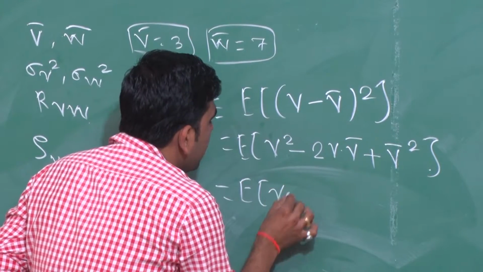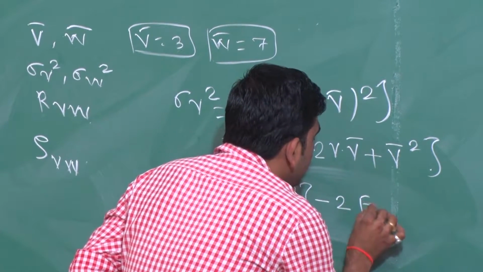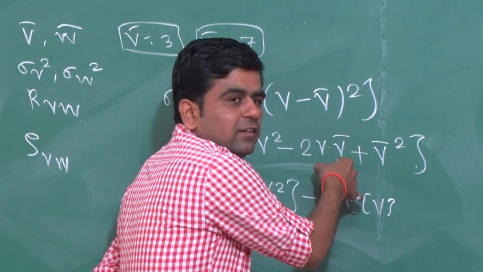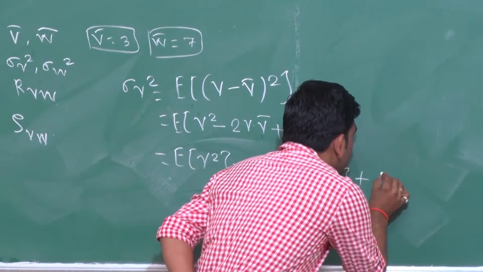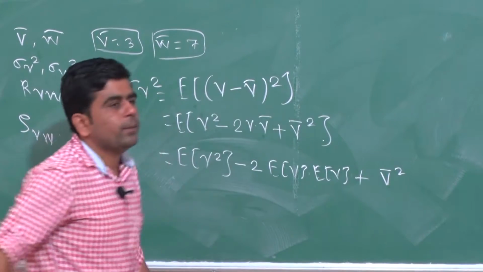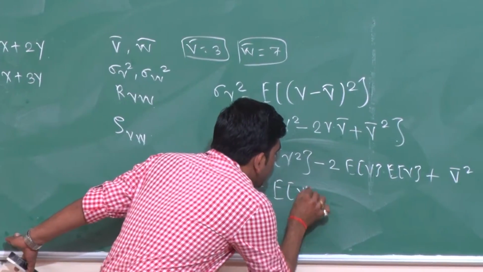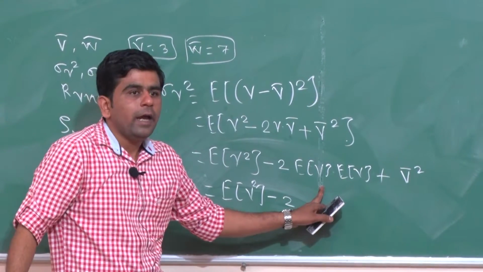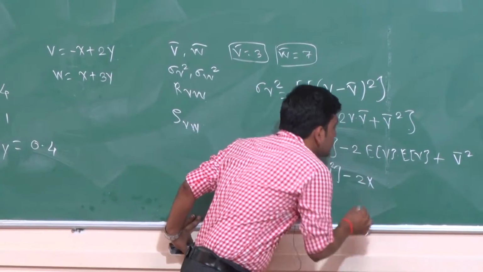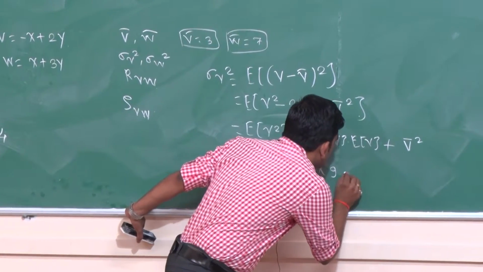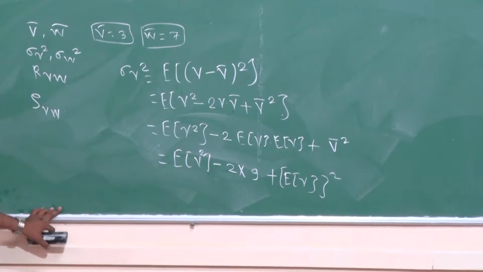This is given as expected value of v square minus 2 into expected value of v into v bar, which is nothing but expected value of v, plus v bar square. So expected value of v square minus 2, expected value of v, we have calculated 3. That will be given as 9 plus 3 square.